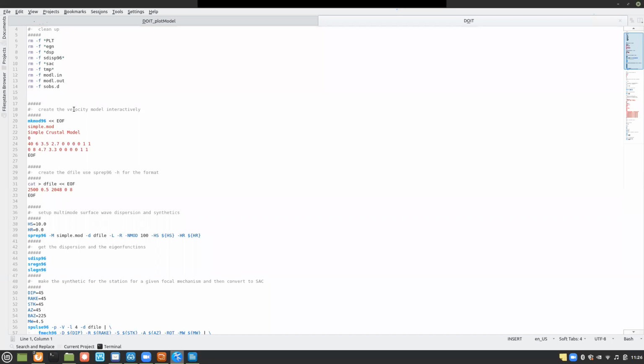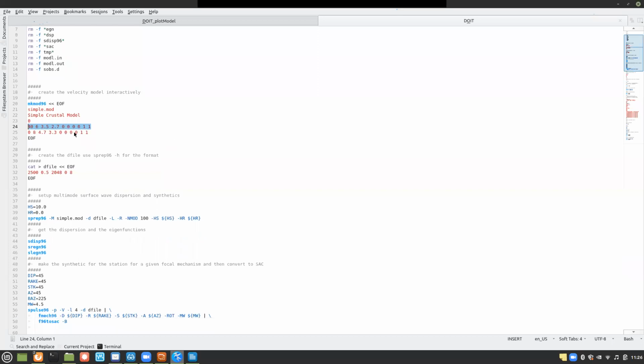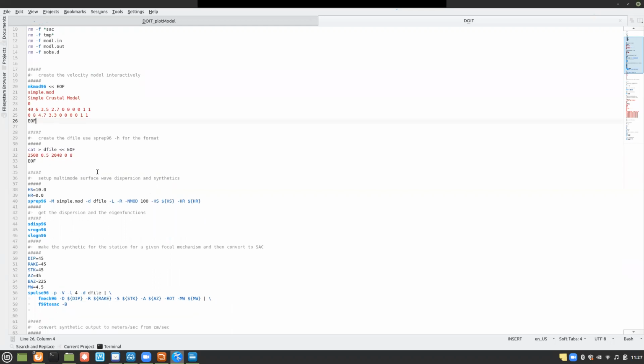Here it says it creates a velocity model interactively. Once you look at the documentation, you get a good idea of how to create these models. Like we saw in the file that I showed you, this is just one layer over a half space with some velocities, VP and VS given, and the densities in grams per cubic centimeter. Sometimes programs give the densities in kilograms per cubic meter, so you have to be careful and change it accordingly.